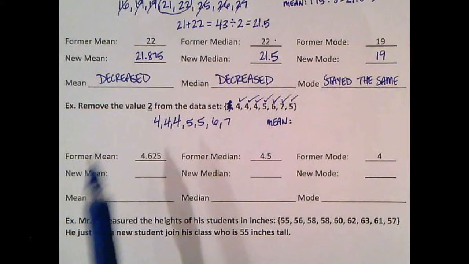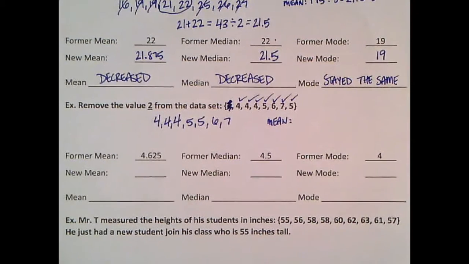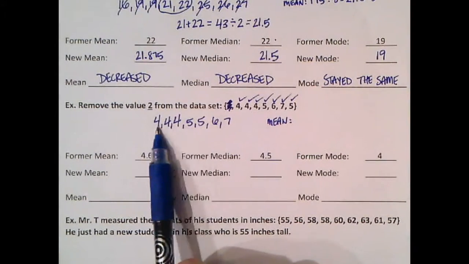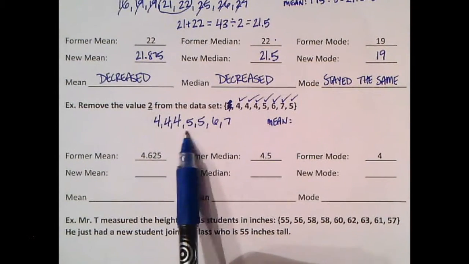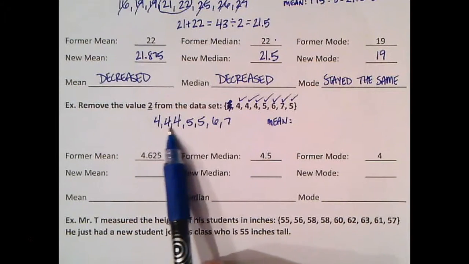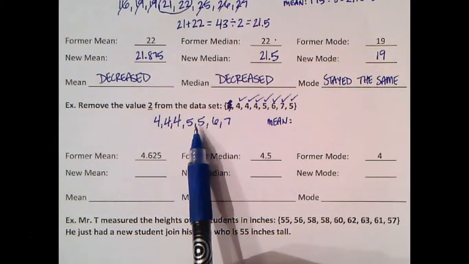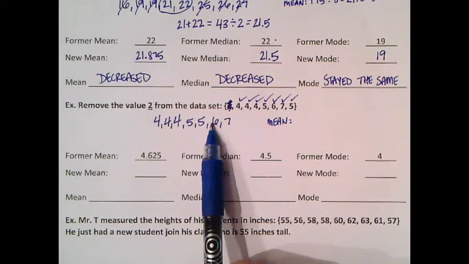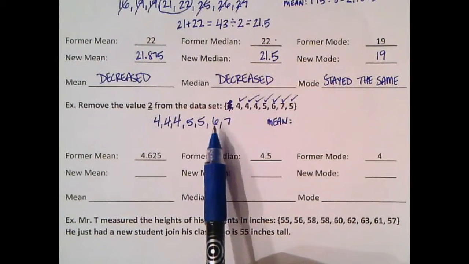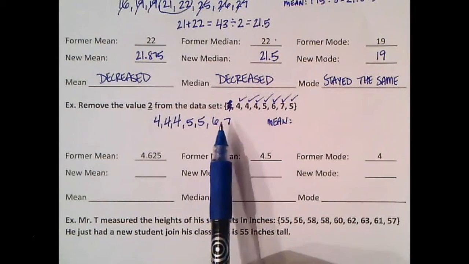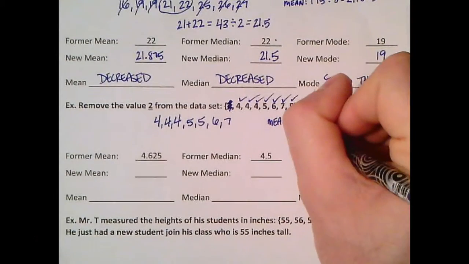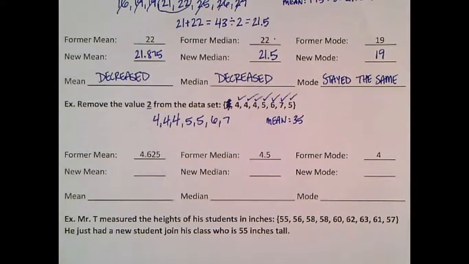Okay, 4 plus 4 plus 4 is 12, plus 5 plus 5, so that's 10. So 12 plus 10 gives us 22. Add another 6 to that, and you're going to get 28. Add 7 to that, you get 35.